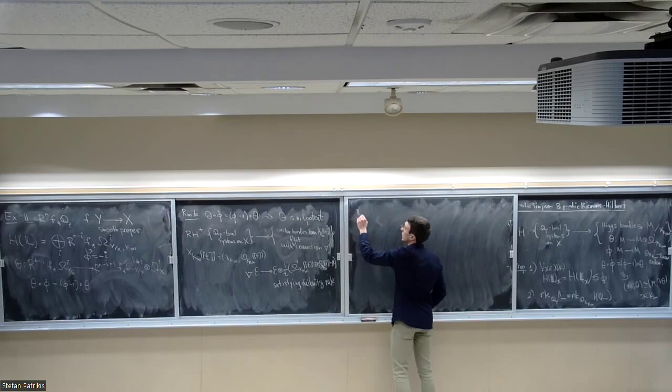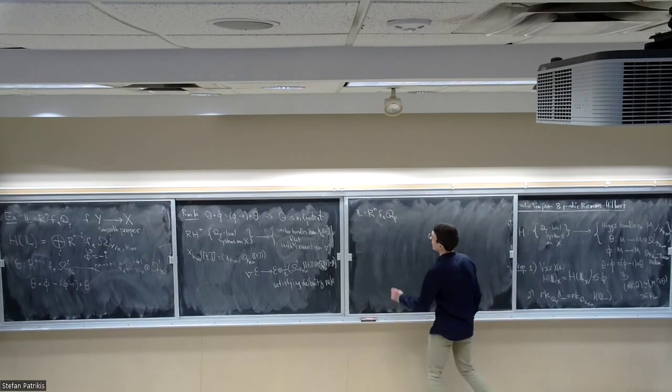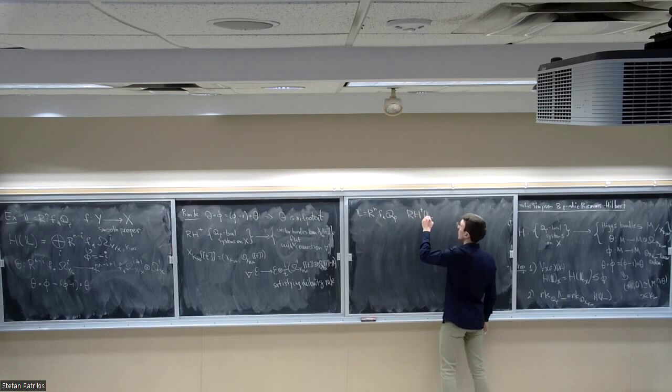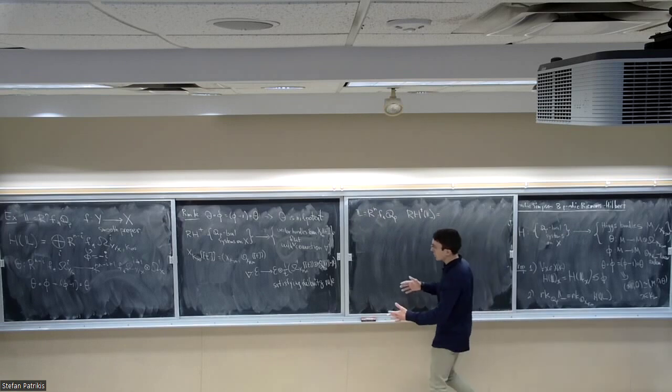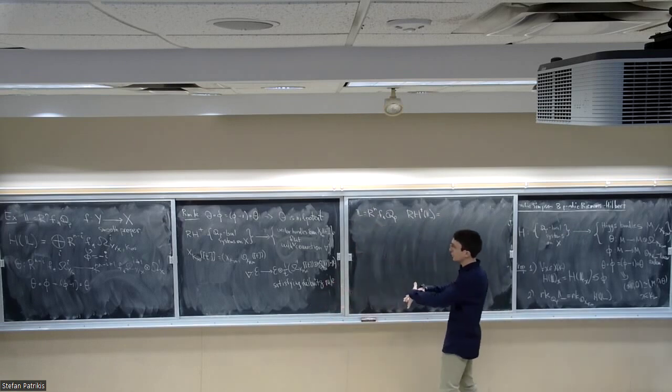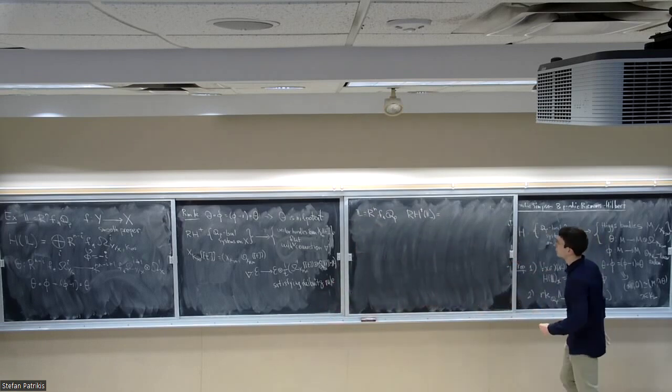So if L was again the cohomology of a family of varieties, then RH plus of L will look as follows. It will be the Rees construction applied to the Hodge filtration on the associated bundle of de Rham cohomology.